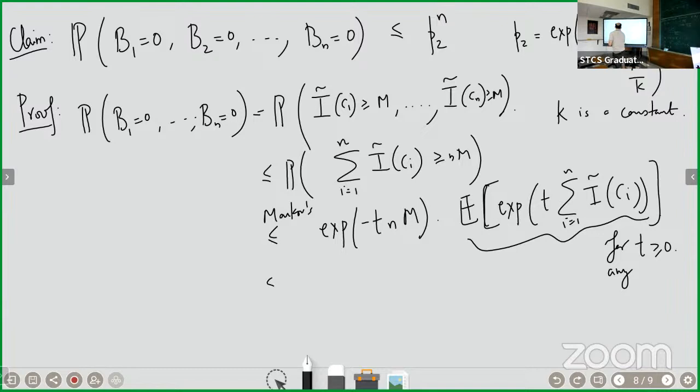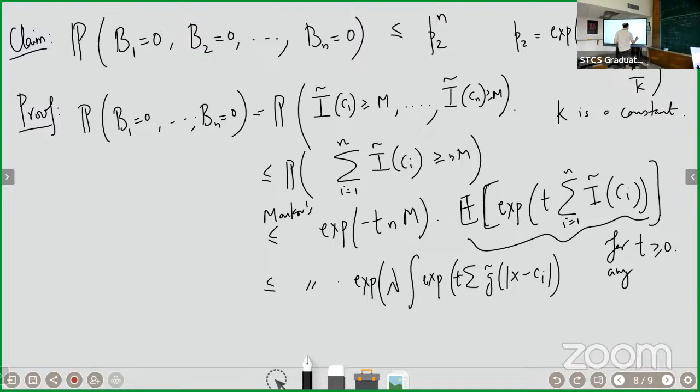So this is the same as this, times the exponential of lambda t times d tilde of x. Now this integral is over x.